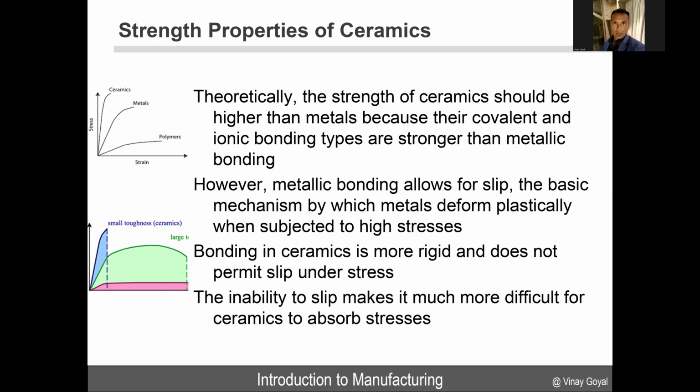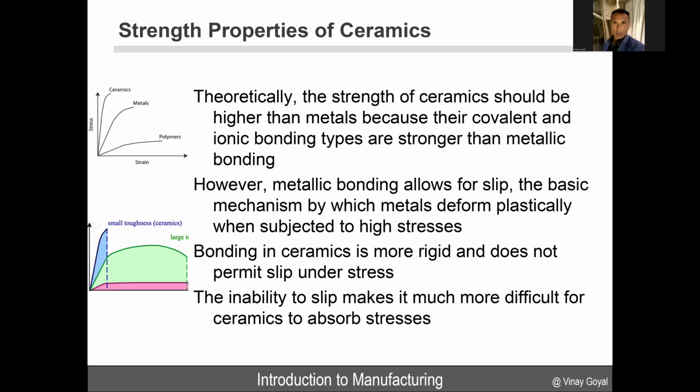The strength properties of ceramics. Theoretically, the strength of ceramics should be higher than metals because their covalent and ionic bonding types are stronger than metallic bonding. However, metallic bonding, as we discussed before, allows for slip, which is one of the basic mechanisms of how metals deform plastically, through slippage occurring at the microscale.